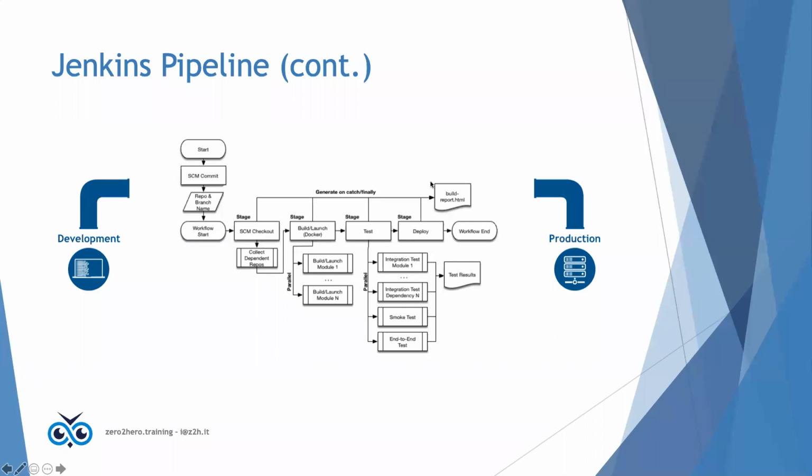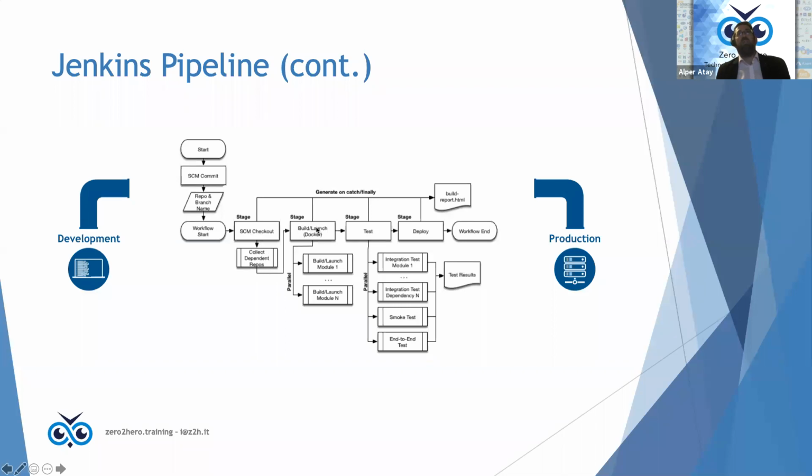Here is a diagram about how it works through development to production. So if we take a look at it, when we commit, we need the repo and branch name, and then workflow starts. So in the first stage, we are checking out our code. We are getting the dependent repositories as well.